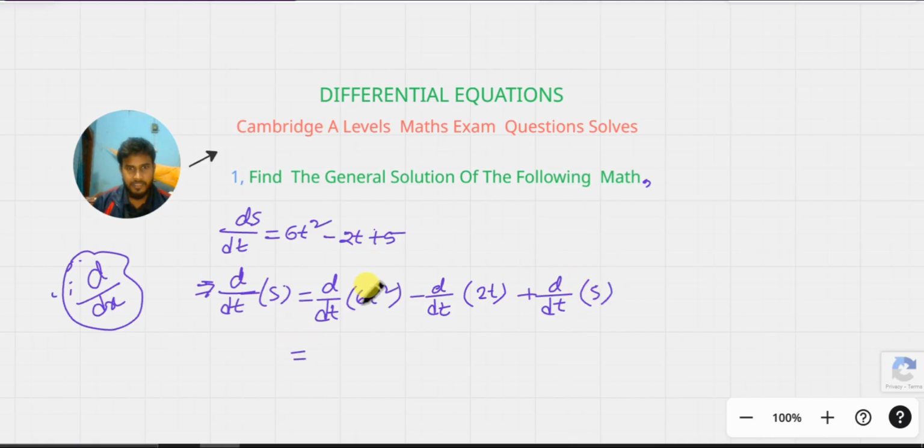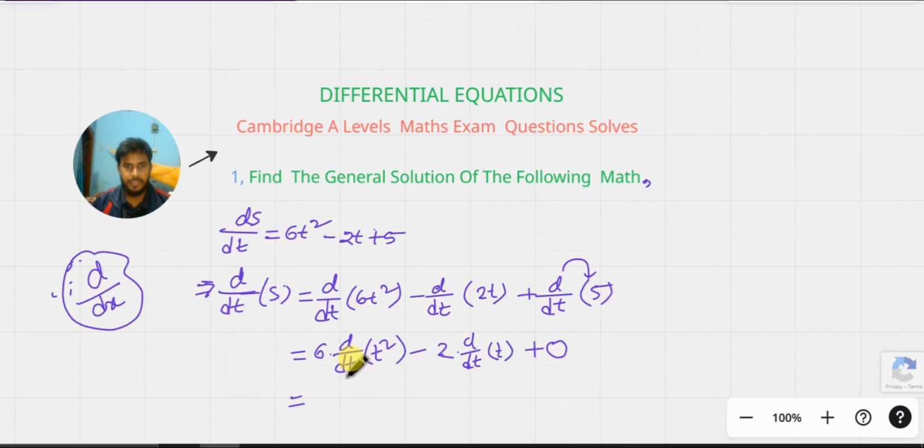Here we can see there is a constant number, so it will come outside: 6 d/dt of t square minus, and here there is another number, it will come outside again: 2 d/dt acting on t, plus, here you can see there is a constant number, right? If we differentiate any constant number, the result will be 0, because a constant number cannot be changed, so the result will be 0.